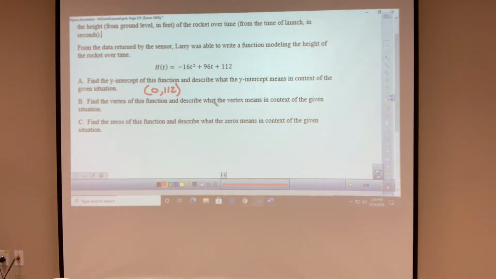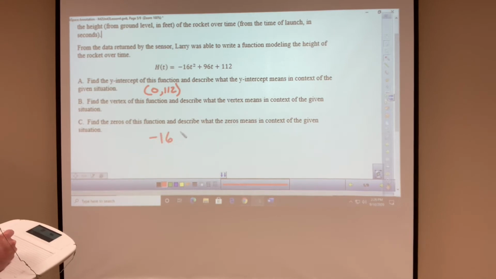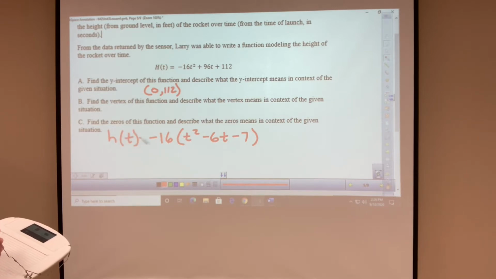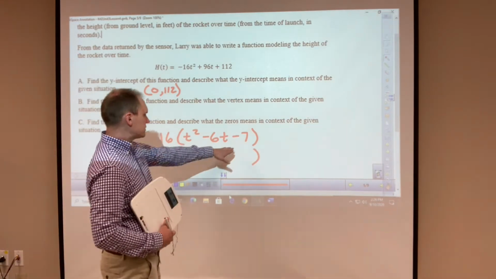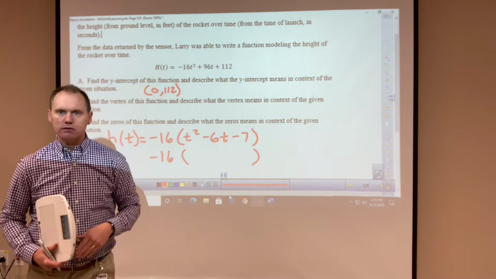So let's see, 96 divided by 16 we said was 6. 112 divided by 16 is 7. So let's go ahead and factor out a negative 16 from the function. So t squared minus 6t minus 7 is h of t. So now we can factor the inside piece here. So what multiplies to give us negative 7 that adds to give us negative 6?